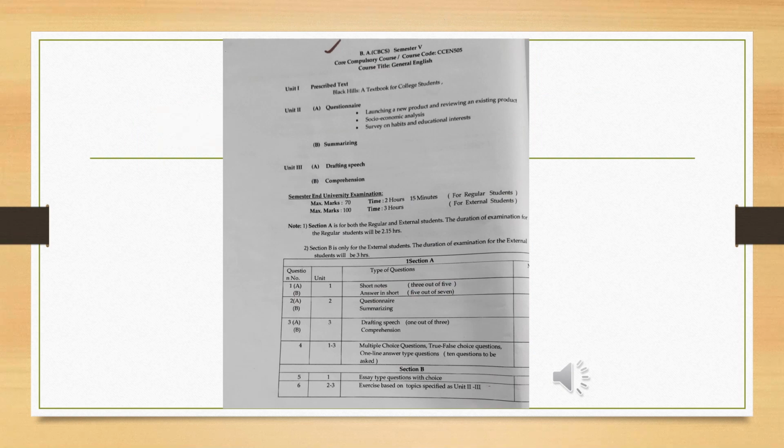And if you look at the bottom of the page, it has the paper style too. Have a look at all the items which are prescribed by the university for your question paper in the semester end examination. You will look at only section A. Section B was meant for external students, but it is no more relevant.